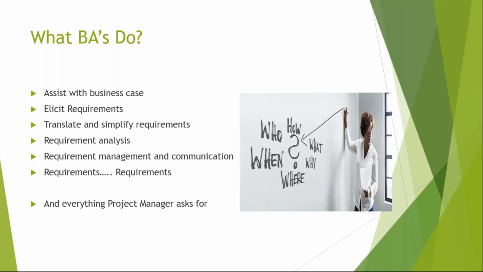business case. That's the very initial step in the process of a project. So in some organizations, there is a differentiation between a business BA and a technical BA. If we have the luxury of that differentiation, normally the business BA would work on the scoping.